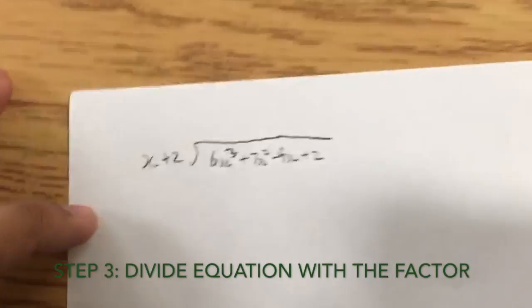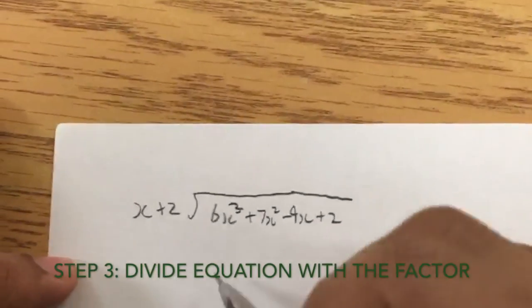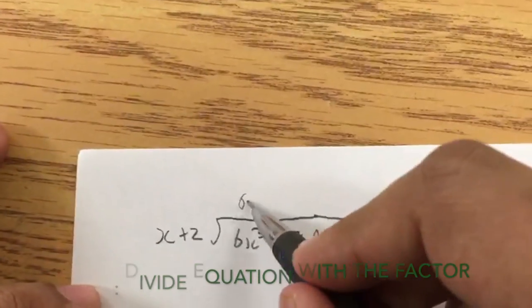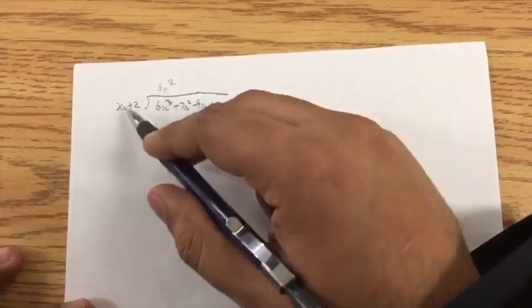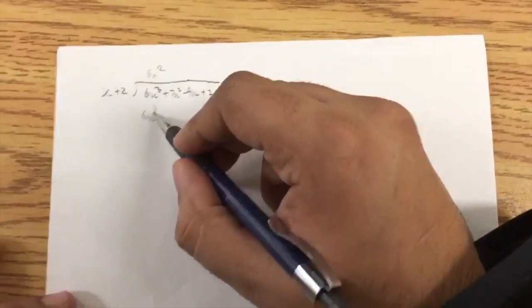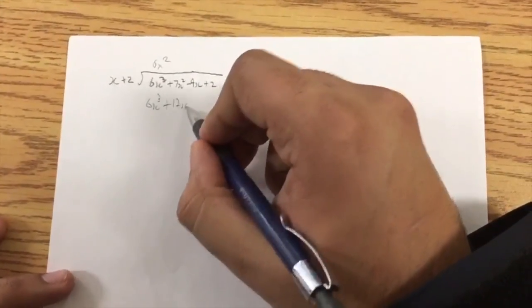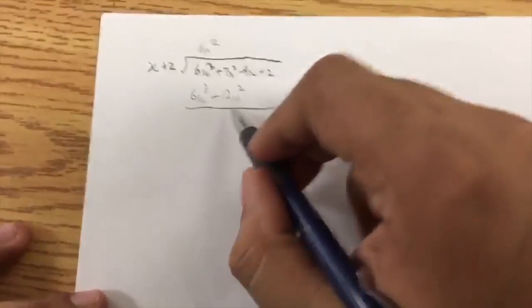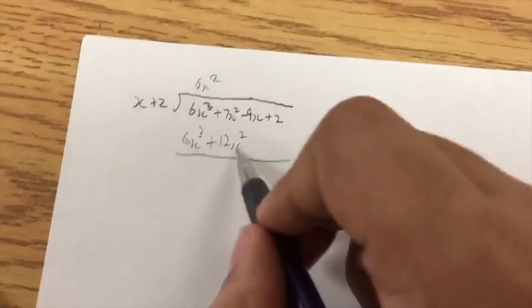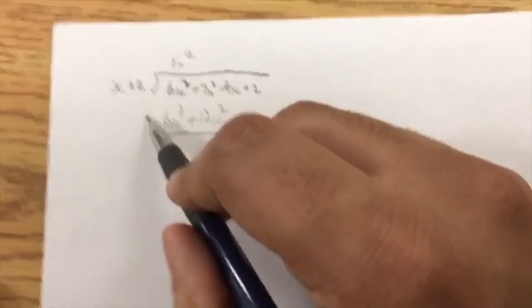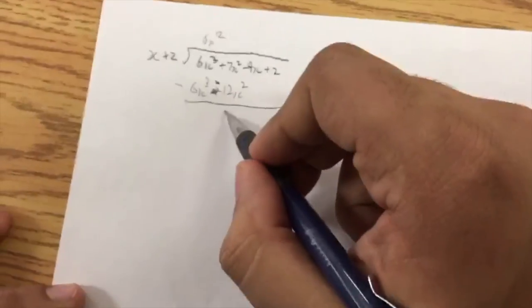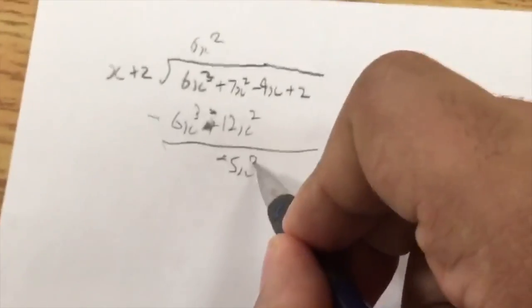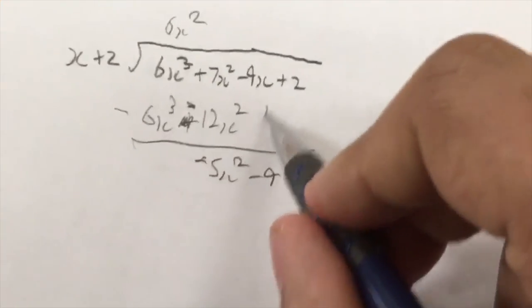So next, we have to divide the equation. So we get 6x squared. Okay, so 6x squared times x is 6x cubed plus 12x squared. Multiply the bottom by negative 1 because we're subtracting, and then this becomes negative. We get negative 5x squared minus 9x because you brought this term down.